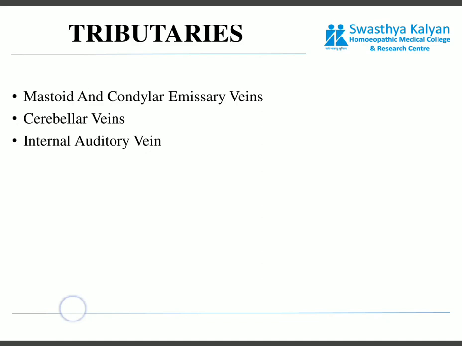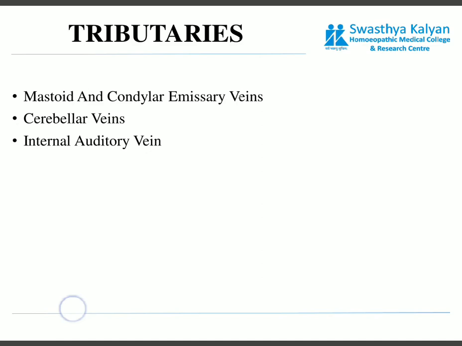The drainage of the cerebrospinal fluid may get affected, and it can lead to a condition known as hydrocephalus, and because it is associated with ear infection, it is known as otitic hydrocephalus.